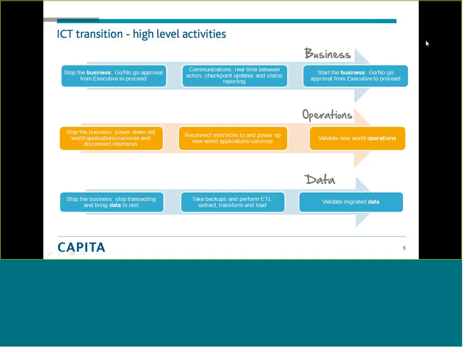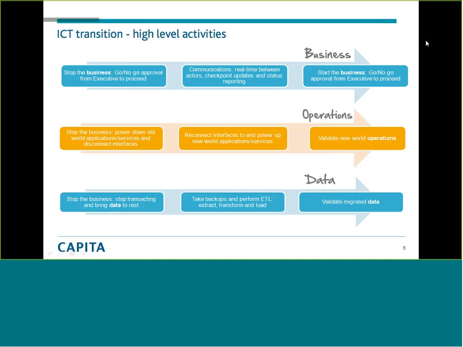The business activities involve stopping the business, which is generally decided by the executive in a go, no-go meeting. Supporting that decision, there will be comms required for the people and teams involved in the transition. And once the transition is complete, the executive will decide if the business can start up again.